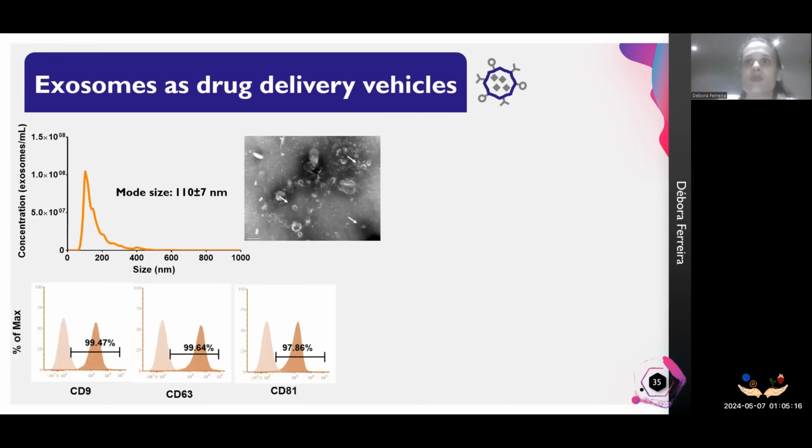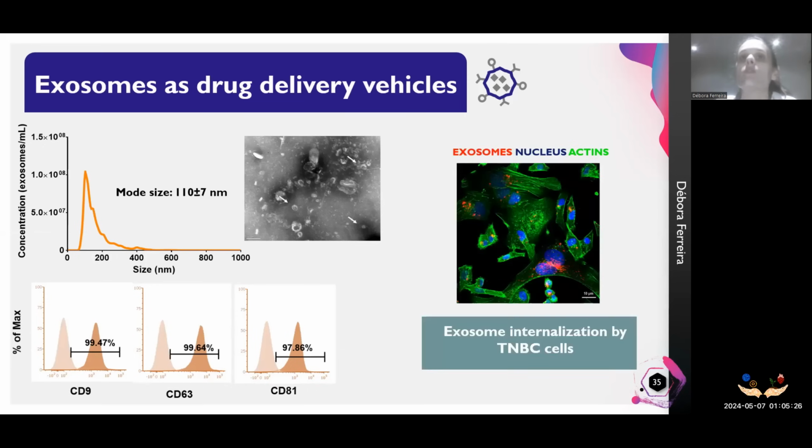We also demonstrated that these exosomes possess the typical exosomal markers, as I referred, CD9, CD63, and CD81. And furthermore, we also showed that these exosomes can be internalized by triple-negative breast cancer cells, in particular the MDA-MB-231.